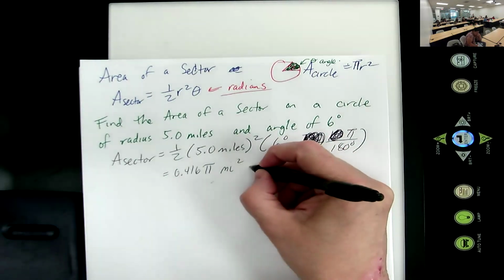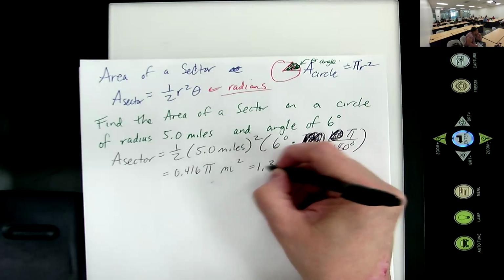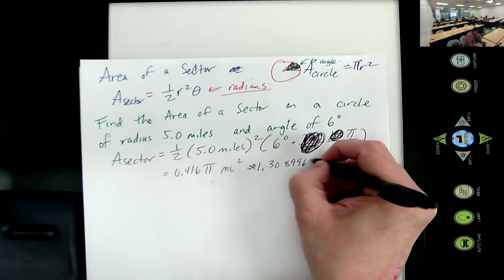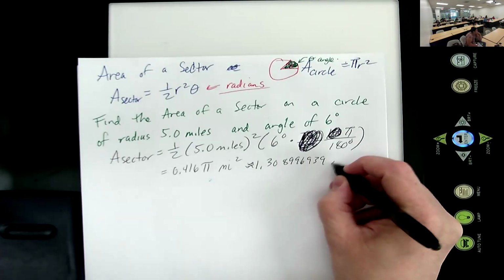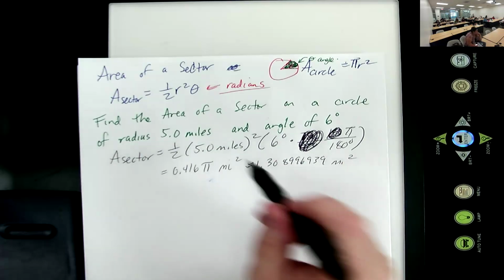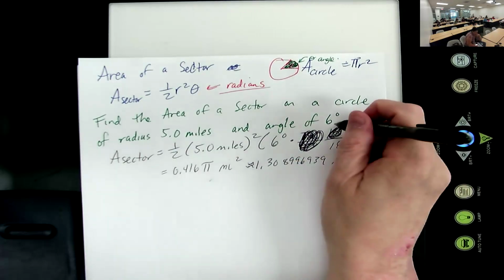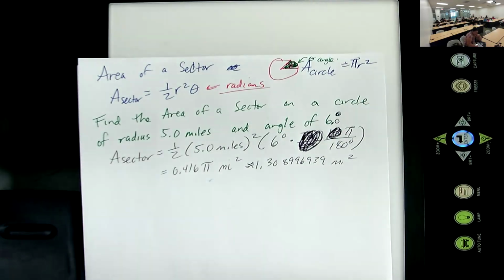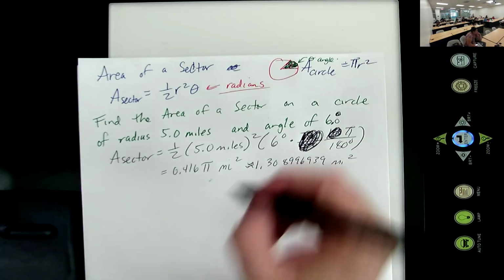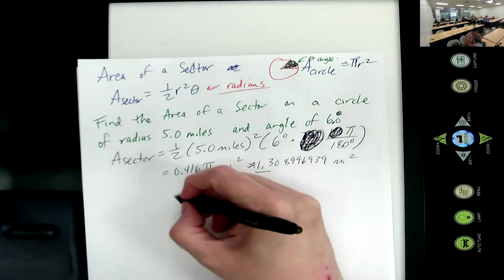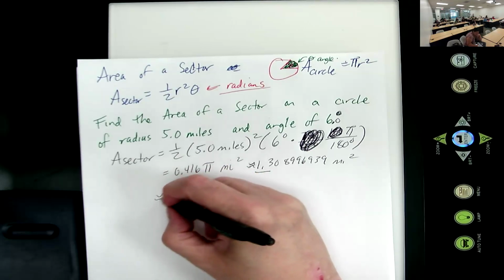And I'm getting 1.3089969939 is what my calculator shows. And let's say that was 6.0 degrees, just to make this a little easier. So we should only have it to 2 decimal places, 1.3 square miles.